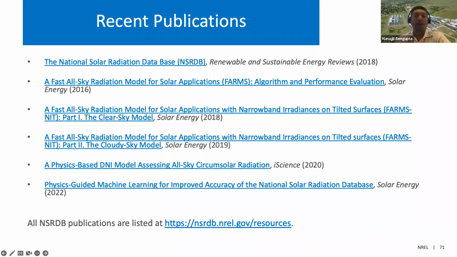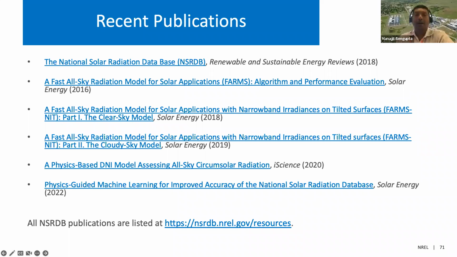Then finally, I just mentioned the new DNI model. We have, of course, published that. And then Grant talked about the machine learning efforts to improve the NSRDB. That paper was published in Solar Energy. All the NSRDB publications are listed on the NSRDB website, so if you're interested in the full reference, it's available on this link.